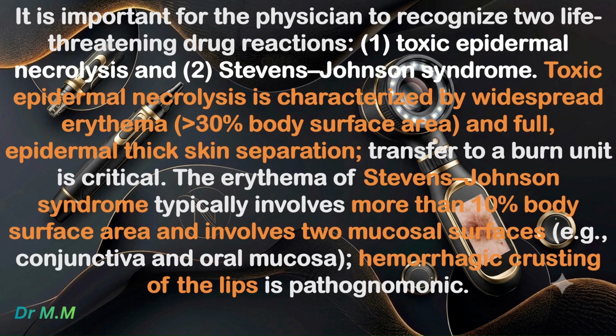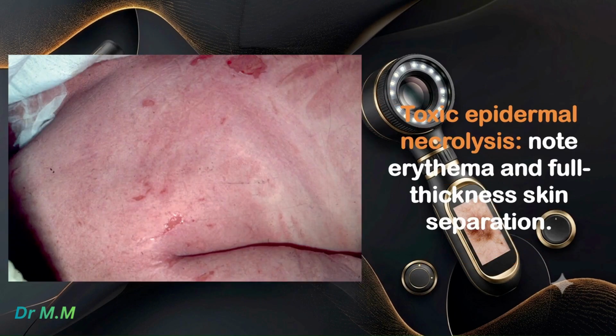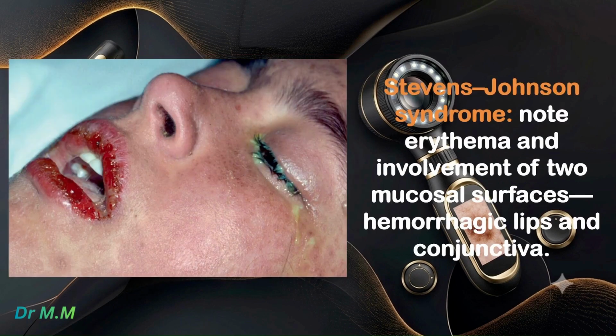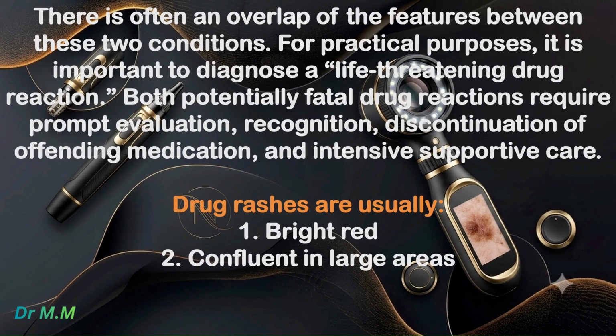Hemorrhagic crusting of the lips is pathognomonic. Toxic epidermal necrolysis. Note erythema and full-thickness skin separation. Stevens-Johnson syndrome. Note erythema and involvement of 2 mucosal surfaces, hemorrhagic lips and conjunctiva. There is often an overlap of the features between these 2 conditions.